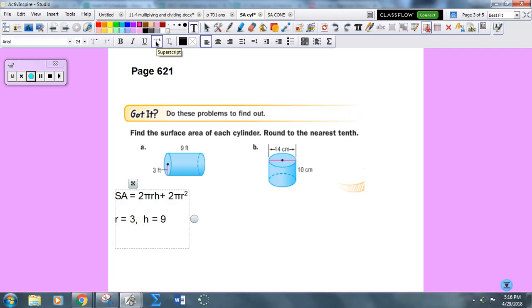So I substitute them in, and I get surface area equals 2 times pi times 3 times 9 plus 2 times pi times 3 squared.